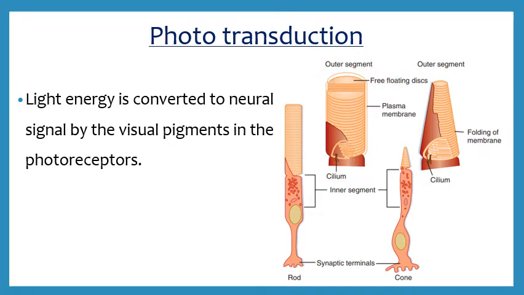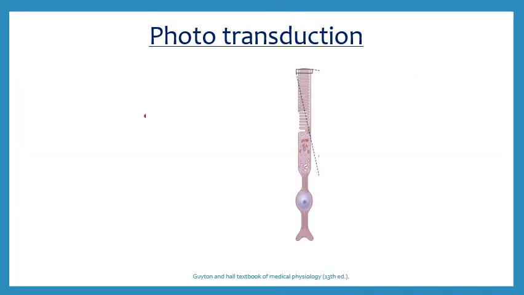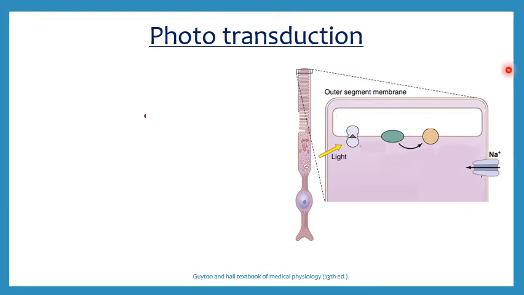Now what happens when light falls onto the visual pigment of these rods and cones? See, suppose this is a rod and this is the disc of that particular rod. So when light falls onto the visual pigment present, which is rhodopsin, it in turn activates G protein transducin, which in turn will activate cGMP phosphodiesterase. So what will happen if phosphodiesterase is activated?